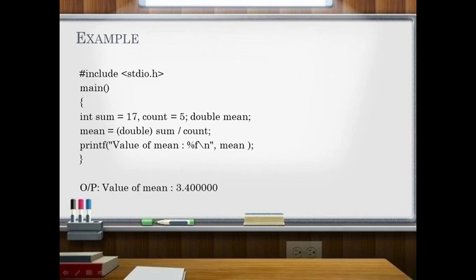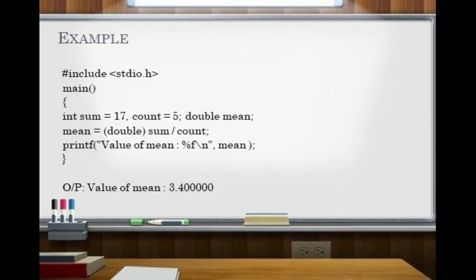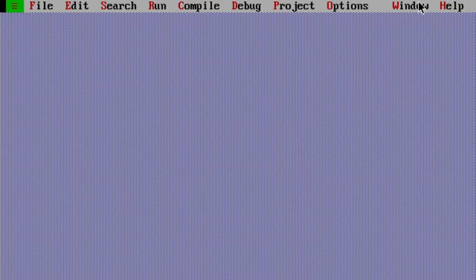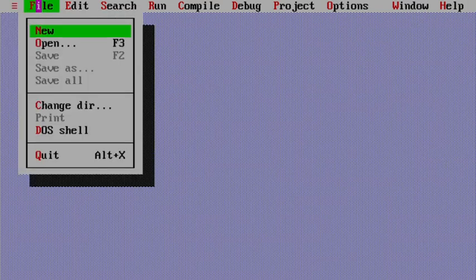Let us see in Turbo C how this is going to perform. Can we execute and see how this typecast will be done?